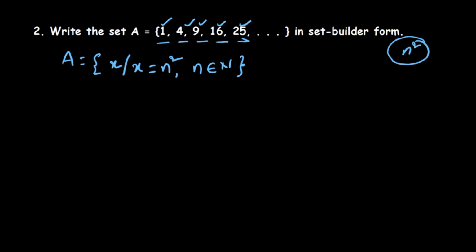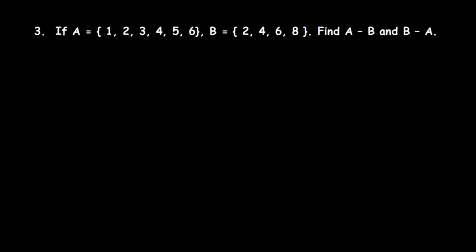The next question: if A is equal to 1, 2, 3, 4, 5, 6, B is equal to 2, 4, 6, 8, then find A minus B. So A minus B, we write 1, 2, 3, 4, 5, 6, this is A, and B is 2, 4, 6, 8.